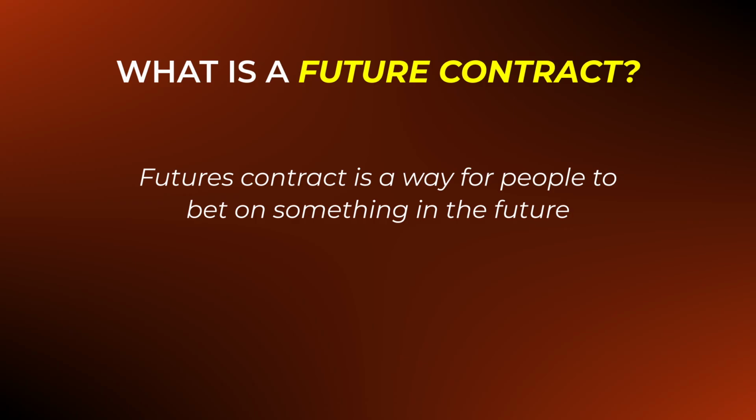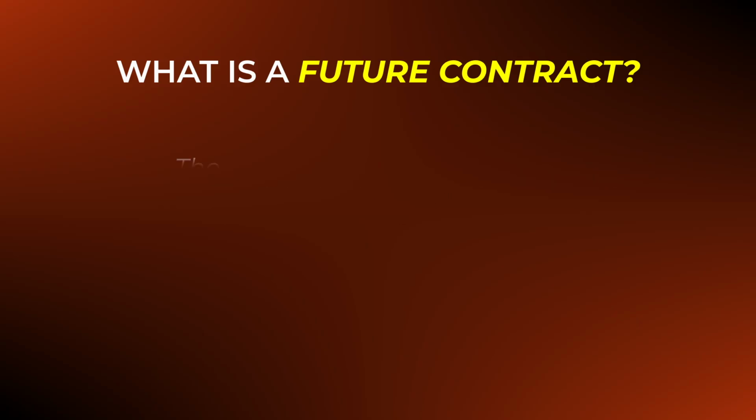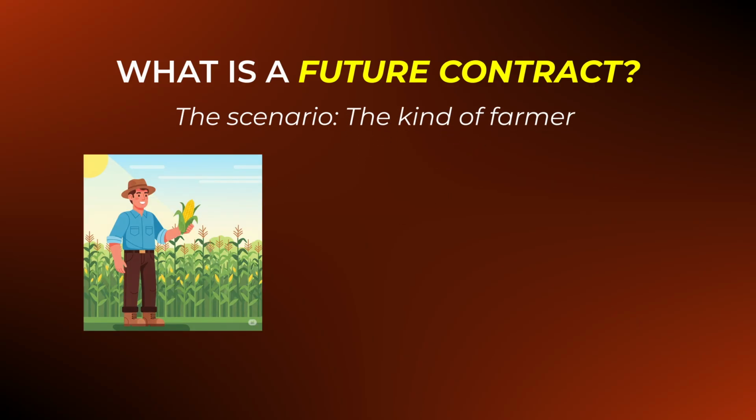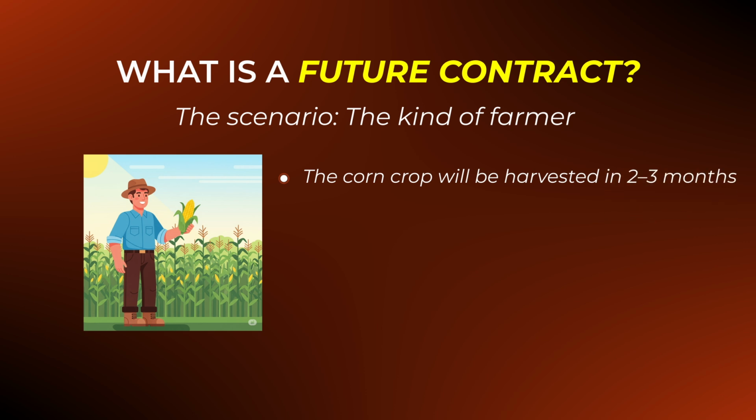An easy way to explain it, as most textbooks give you the farmer scenario: the farmer has a crop of corn and it's not going to be harvested for, as I say, 2.5, 3 months down the road.